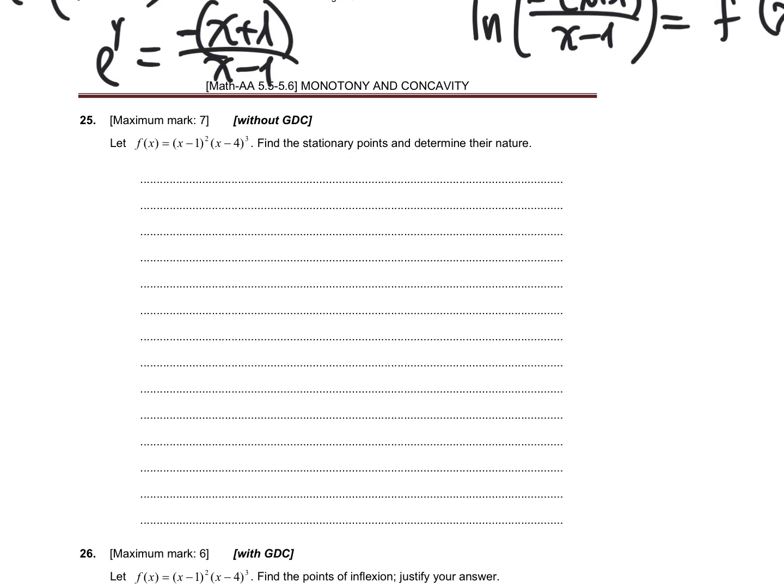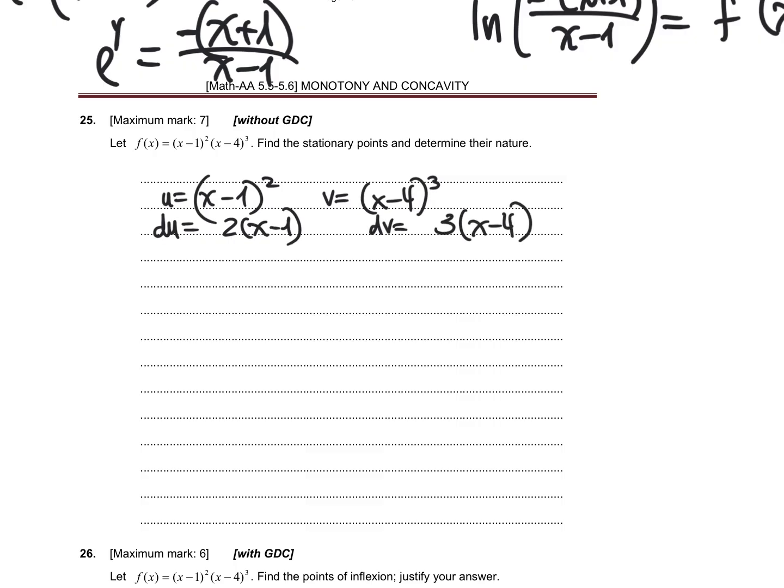25. f at x is that. Find the stationary points and determine their nature. So we would use product rule on this. So du is 2x minus 1 to the 1, and dv is 3x minus 4 squared.